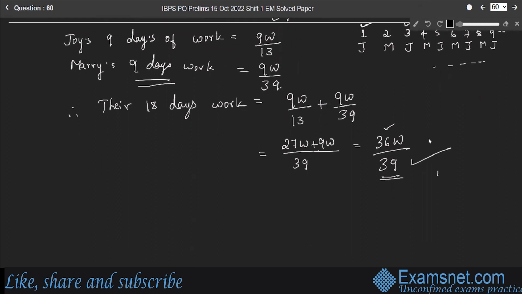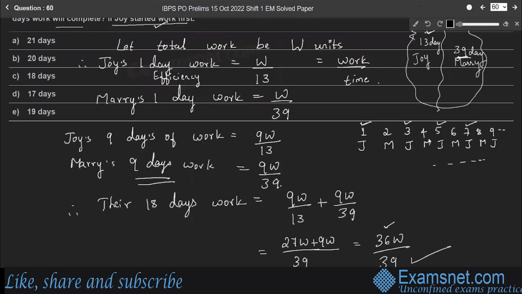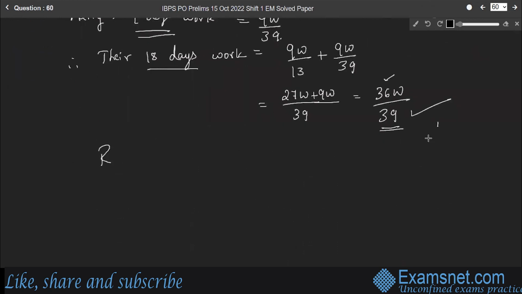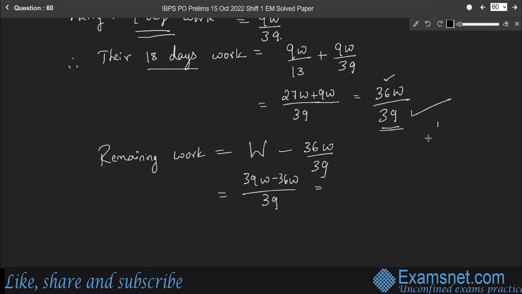So here total work is W units. What is the remaining work? Their 18 days work is 36W by 39. Therefore, remaining work is equal to total work W minus 36W by 39. Again, 39 is the LCM. So 39W minus 36W, so it is 3W by 39, which is W by 13.